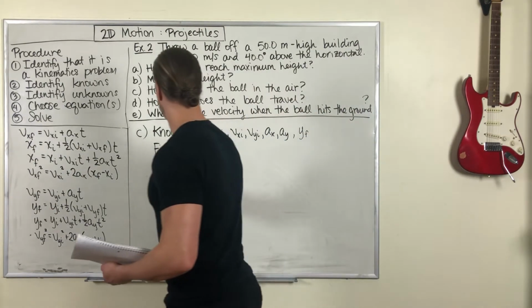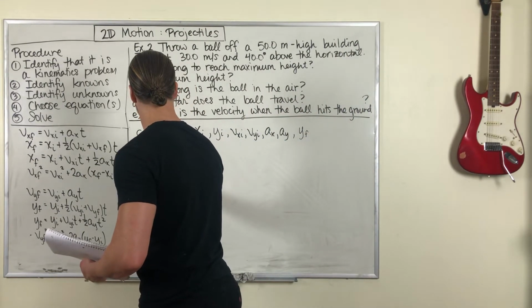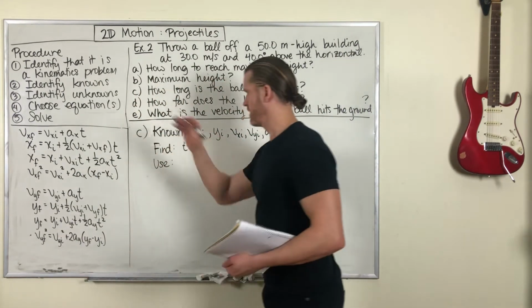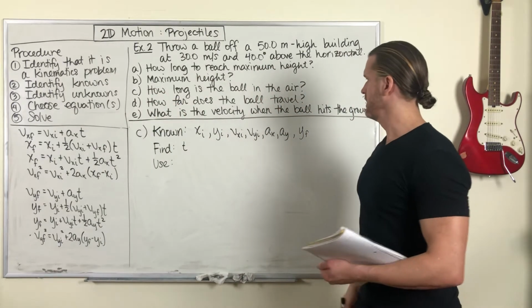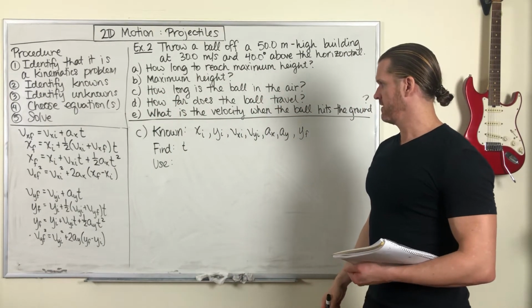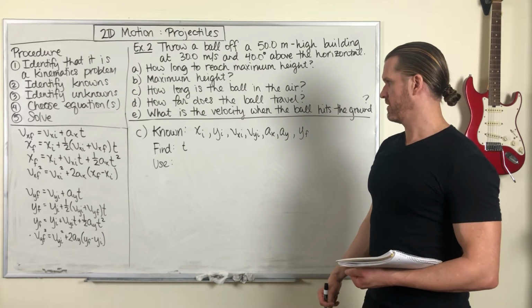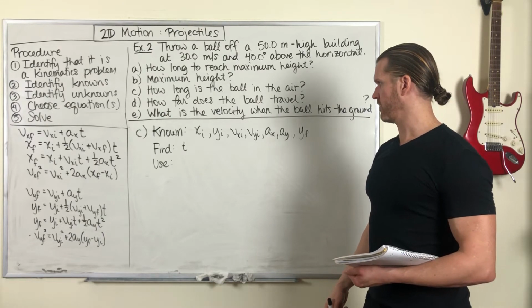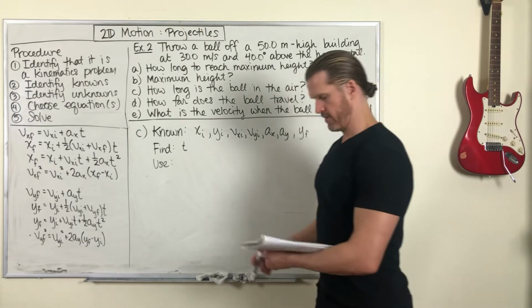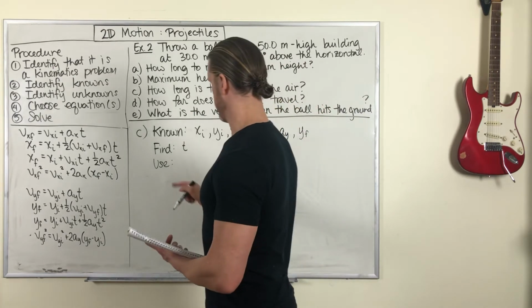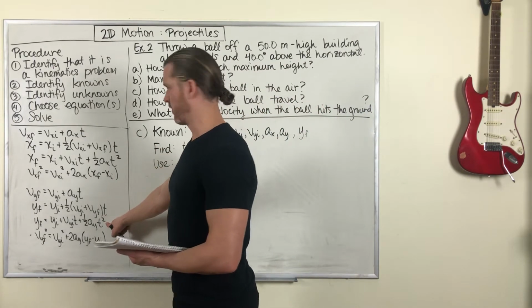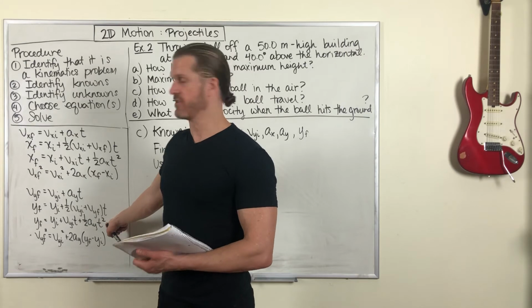So let's pick a good equation to use. We go through our list of 8 equations. We find that there is only one of them that's useful. And the only equation that does us any good is the third y equation.